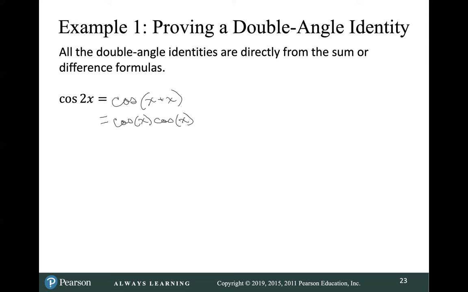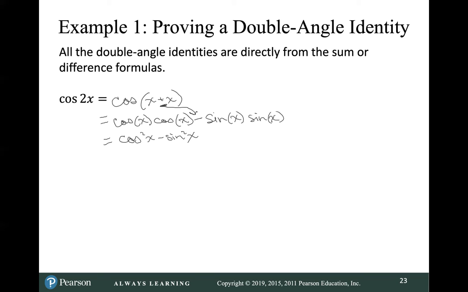Since the cosines stay together, the positive and negativeness of our sign here switches. So positive becomes negative. And then our sines are together. And a simplified way of writing that, cosine times cosine is cosine squared. So this becomes cosine squared x minus sine squared x. That's our first identity for cosine of 2x.